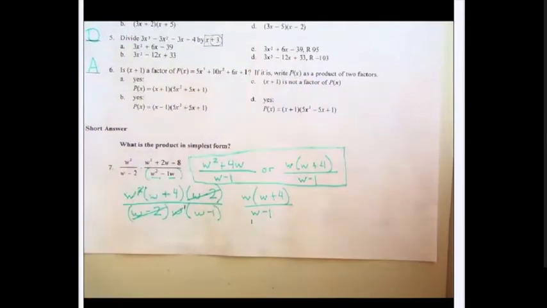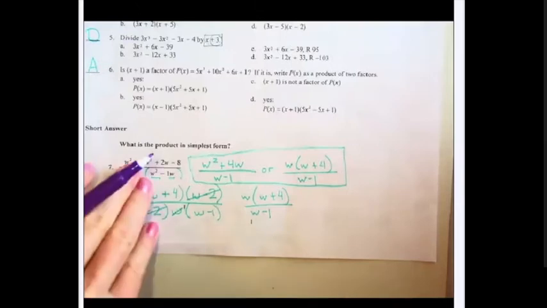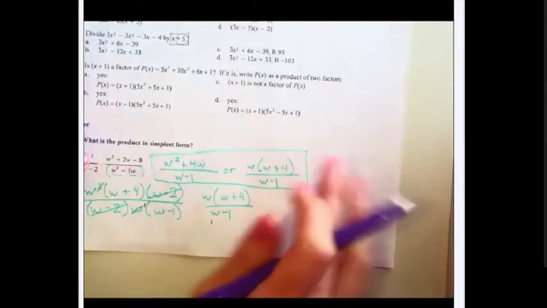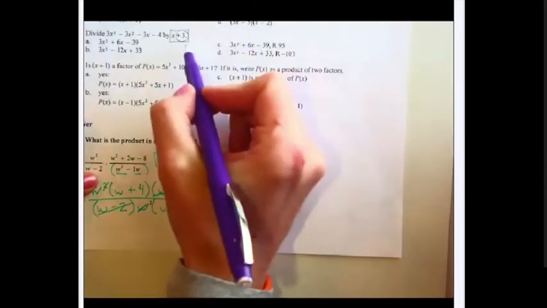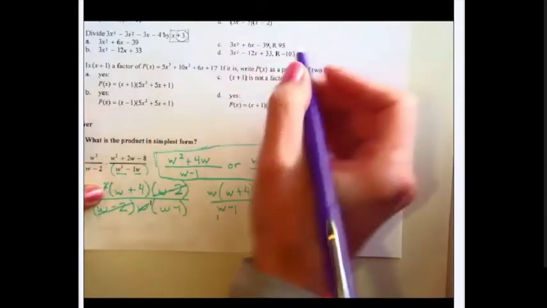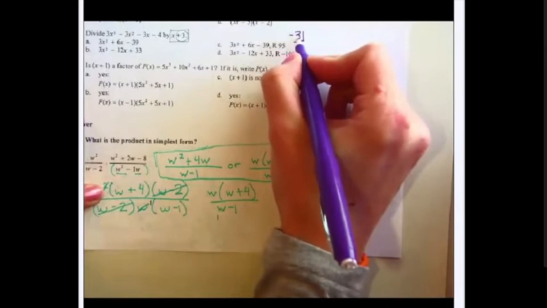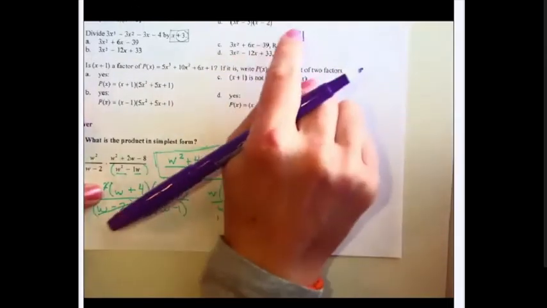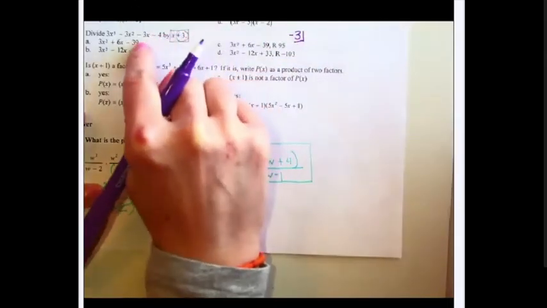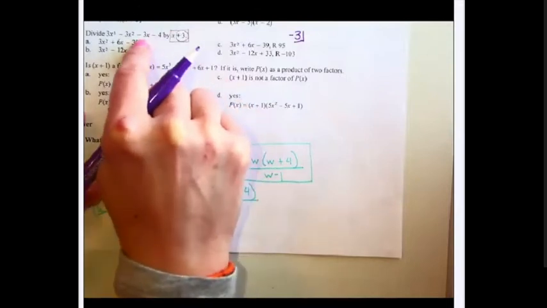Let me write this in a marker so we can see a little better. So the opposite of this number is what goes in the box. So we're going to put -3 in here. Now, beside the box, we put all of the coefficients that are over here, and we have to make sure it's in descending order and we don't miss any exponents.